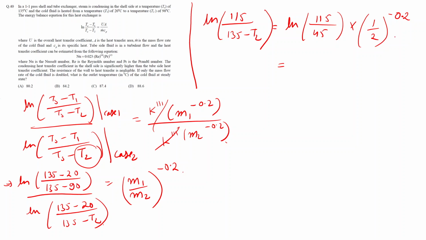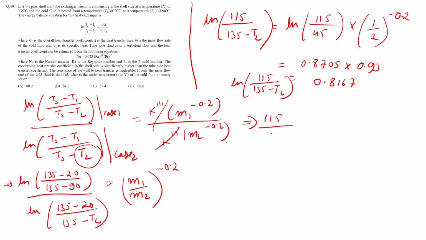So 1/2 raised to minus 0.2 will be 0.8075. This will become 0.93, so this term will become 0.8167. That is ln of 115 upon (135 minus T2).